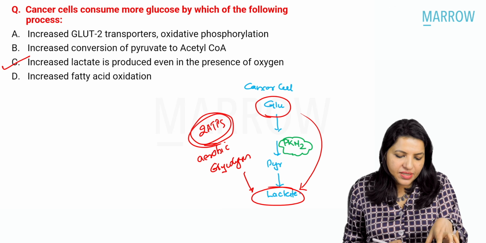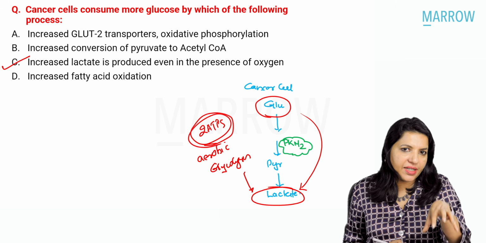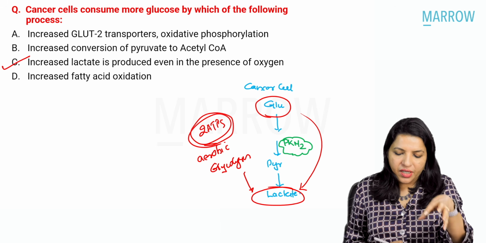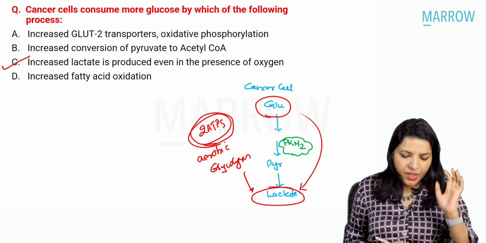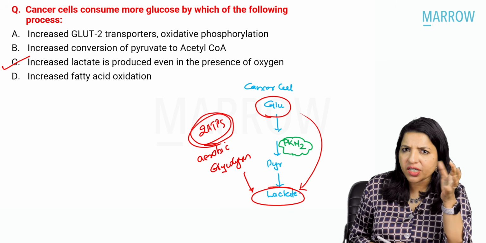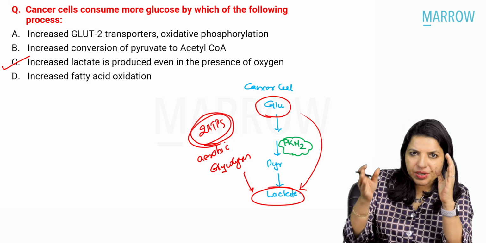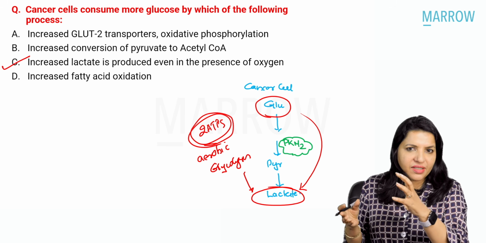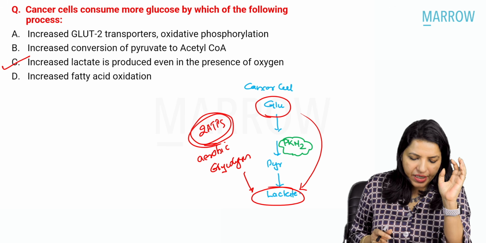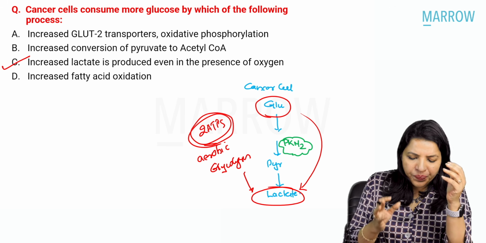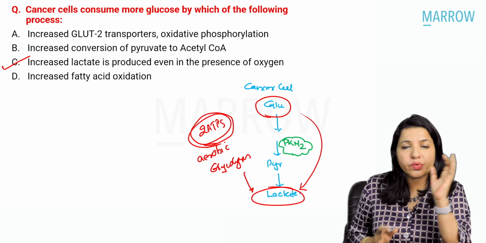Okay, so as it is a straightforward question, you can answer it as increased lactate production even in the presence of oxygen. It is not glucose transporter 2. Glucose transporter 2 is not the one which is present in all cancer cells. It is specifically present in beta cells of pancreas, liver, certain sites only. So that is not the answer. Increased fatty acid oxidation, no. Increased conversion of pyruvate to acetyl coenzyme A, never.